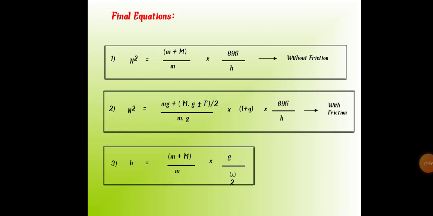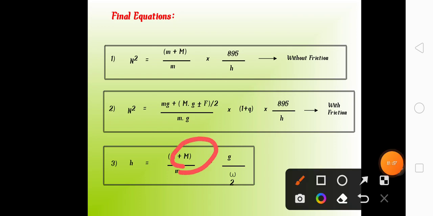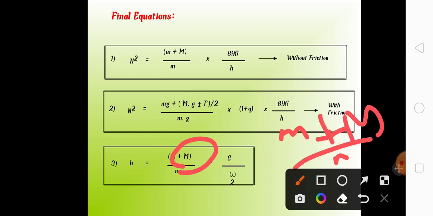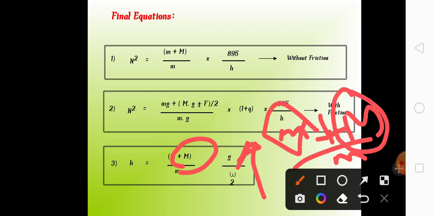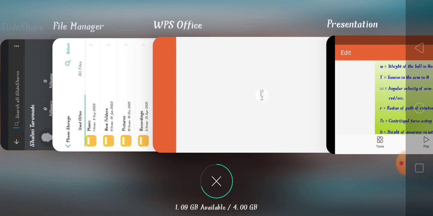By this we can see that the mass of the central load, capital M, increases the height of the governor in the ratio of (m plus capital M) upon small m, where small m is the mass of the ball and capital M is the mass of the central load. Okay, thank you.